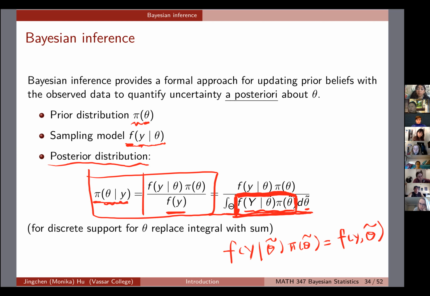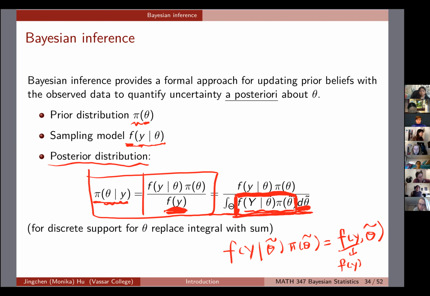So you get the joint of y and theta, and if you integrate out one of the random variables, as you should know from your probability knowledge, you're left with the marginal of the other one. That's why we're able to use this generic equation to get the marginal of y.